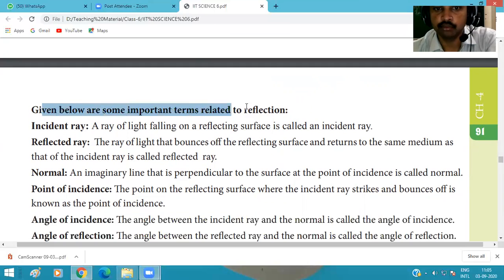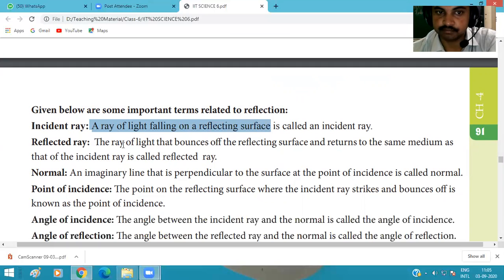Given below are some important terms related to reflection. First is the incident ray. A ray of light falling on a reflecting surface like a mirror is called the incident ray.